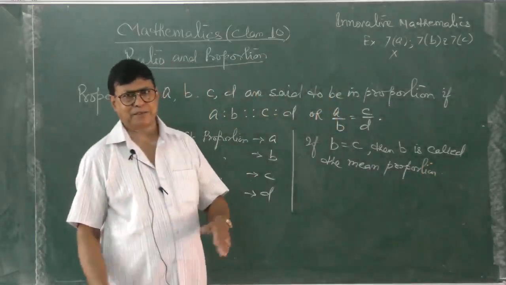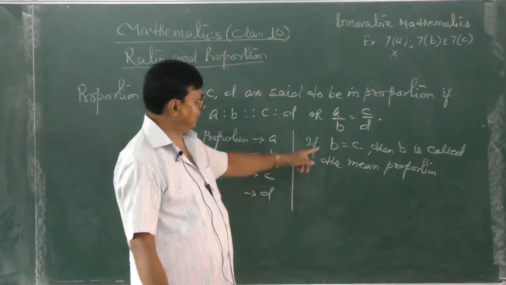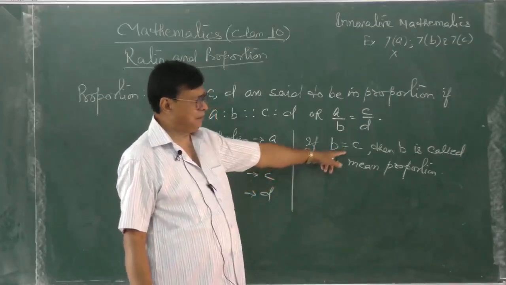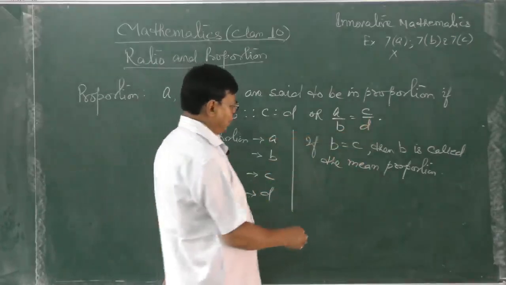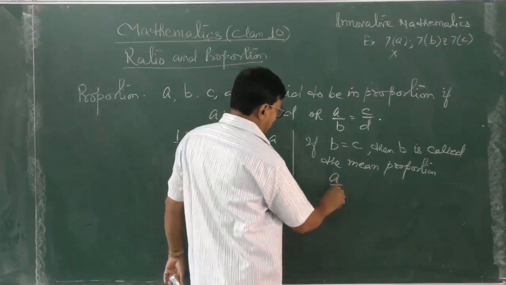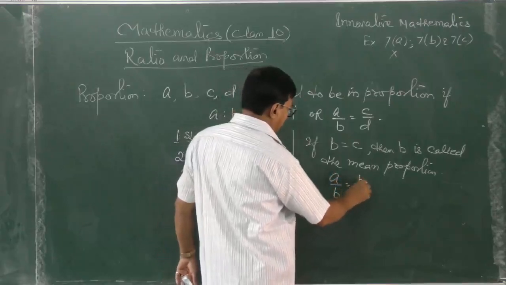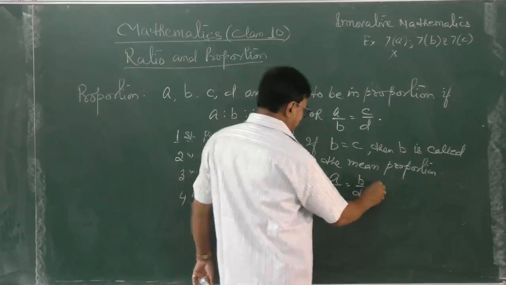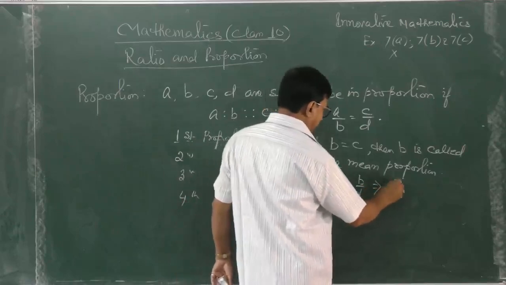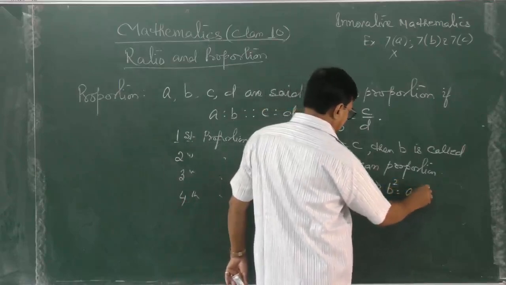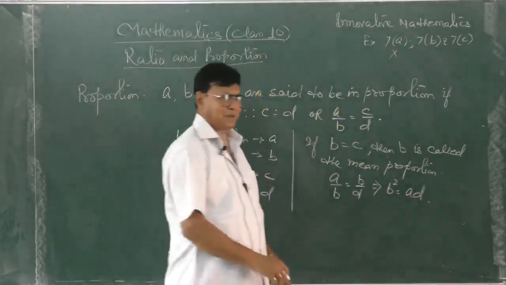You can say it C as well. So if B is equal to C, then B is called the mean proportion. In that case, it will be A by B is equal to B by D. So we get B square is AD.